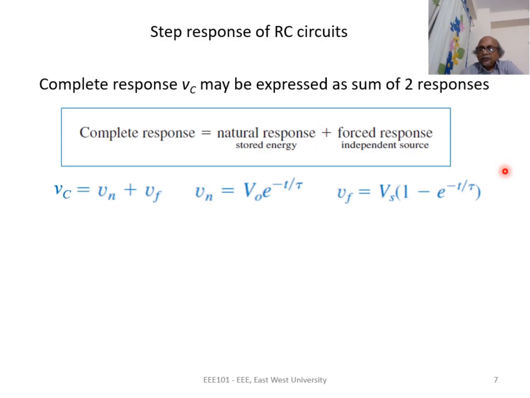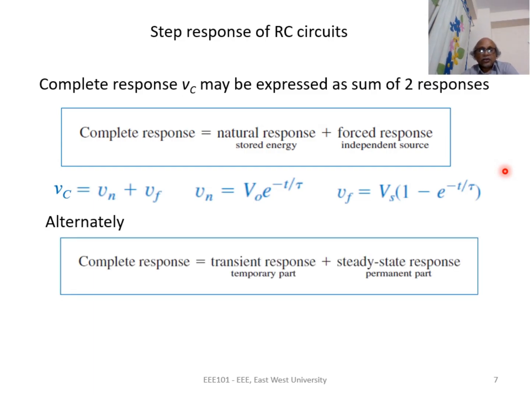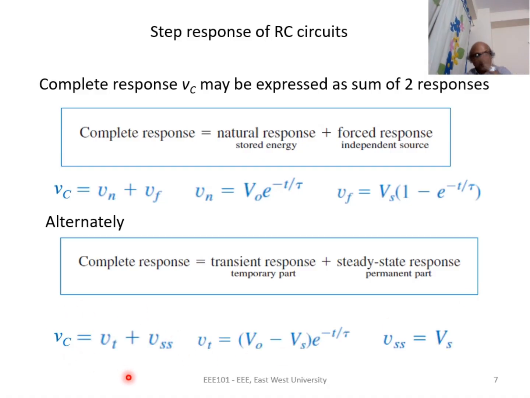The complete response can be expressed as the sum of two terms in another way. In the other way, we can express the complete response as the sum of the transient response and the steady state response. Transient response is the time dependent part in the response, and steady state response is the constant term in the response.